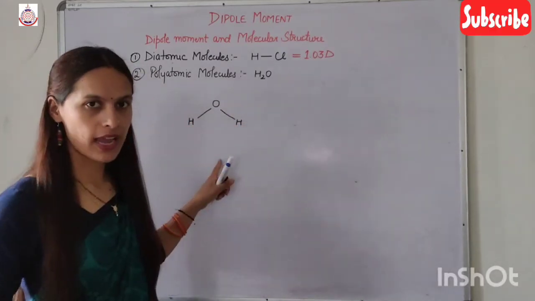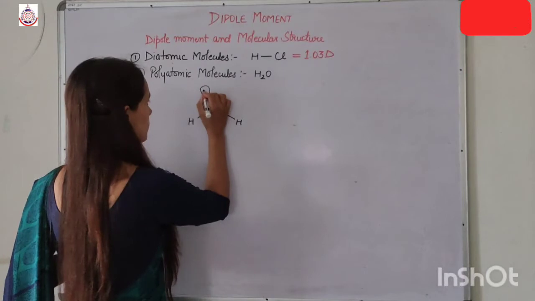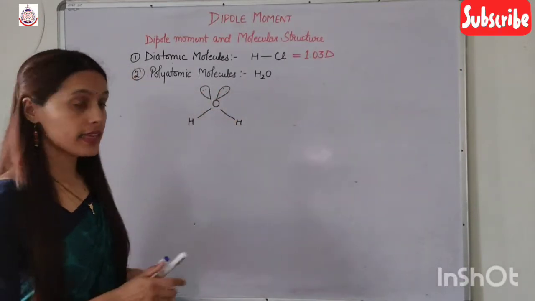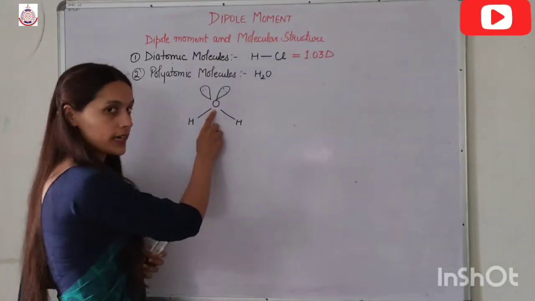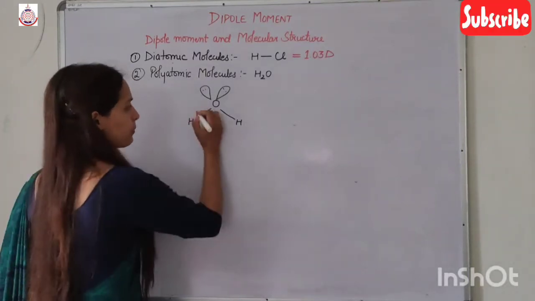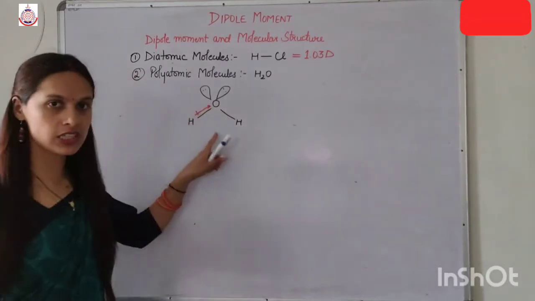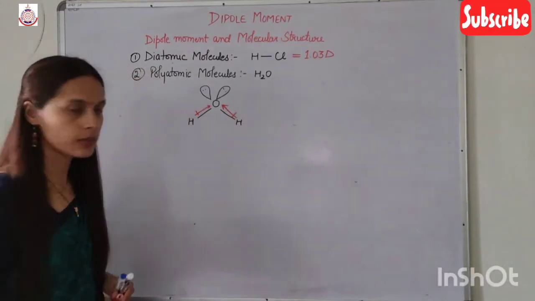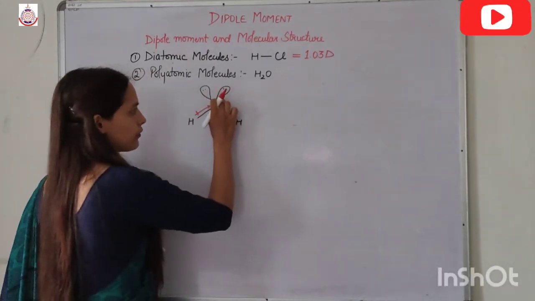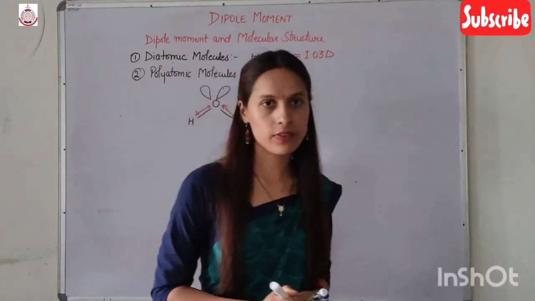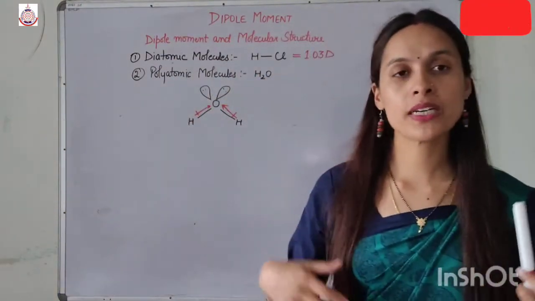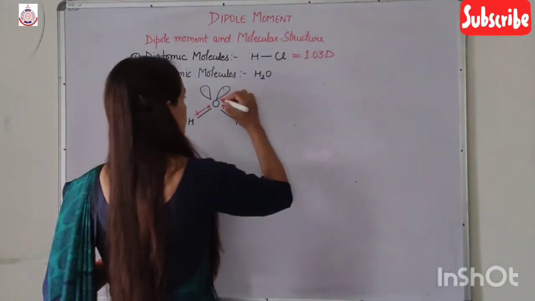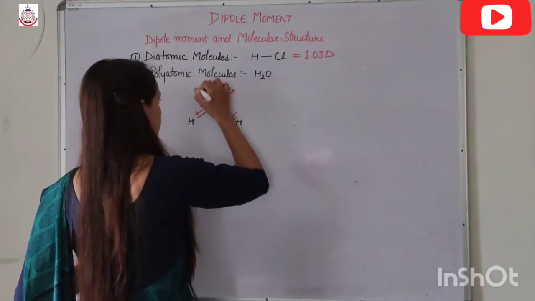In VSEPR, we have studied the structure of water. Its structure is like this because it has two bond pairs and two lone pairs. Now, because oxygen is more electronegative than hydrogen, the dipole moment is towards the oxygen. Similarly, here also the dipole moment is towards the oxygen. Here, when we have a lone pair, the dipole moment is directed towards the lone pair because the lone pair is free to move. So here, this side, and here, this side.